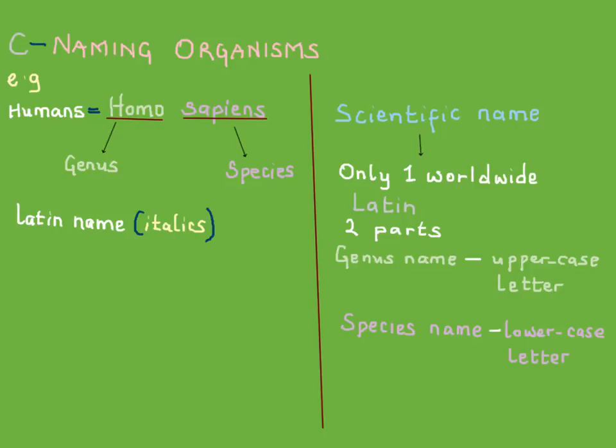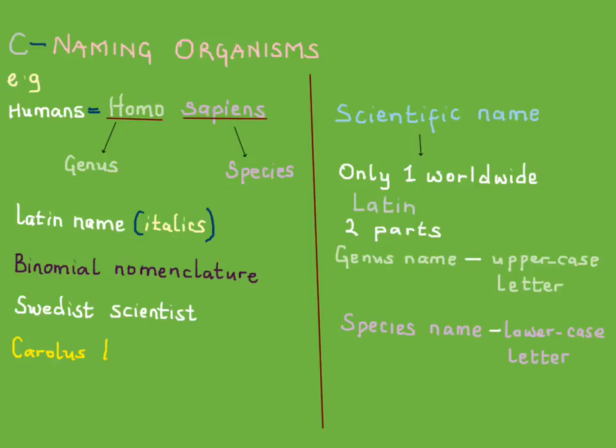This system of naming organisms is called binomial nomenclature. It was introduced by a Swedish scientist called Carolus Linnaeus.